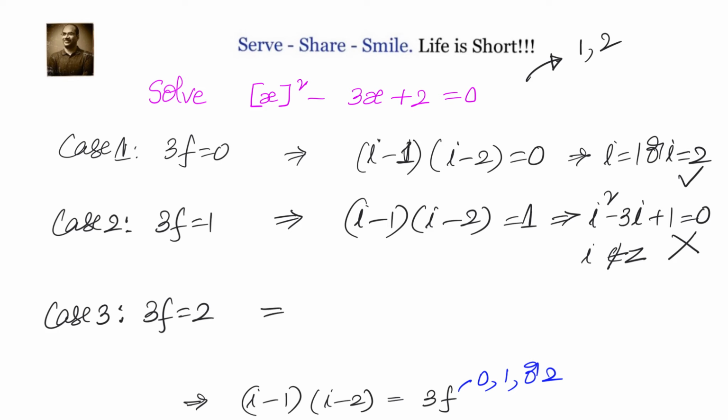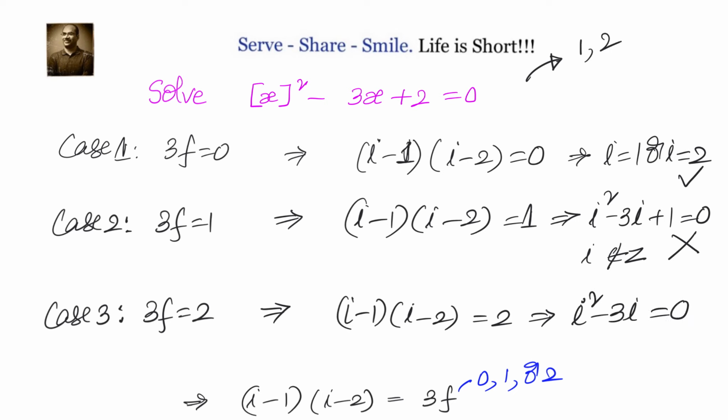Let's go to the next: 3f equals 2. I squared minus 3I plus 2, that is I minus 1 into I minus 2, equals 2, which gives us I squared minus 3I equals 0, or I into I minus 3 equals 0. That means either I equals 0 or I equals 3. Remember, in this scenario our f is 2 by 3. That means the value of x will be 0 plus 2 by 3 or 3 plus 2 by 3.